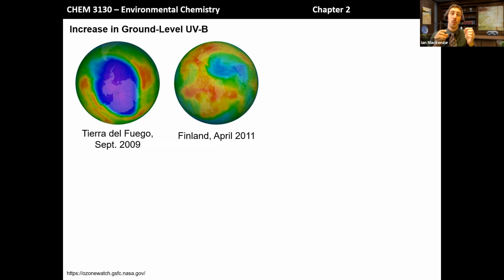And so we don't get to the same level of extreme temperatures that are required for the formation of the polar stratospheric clouds. Now, it doesn't mean that it doesn't happen, but it doesn't tend to happen as much.